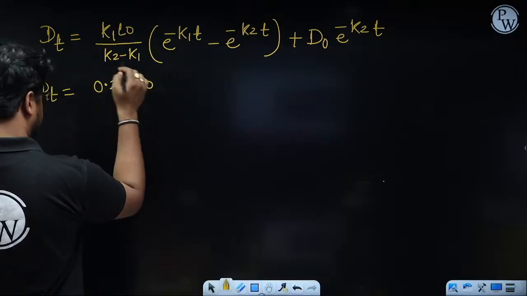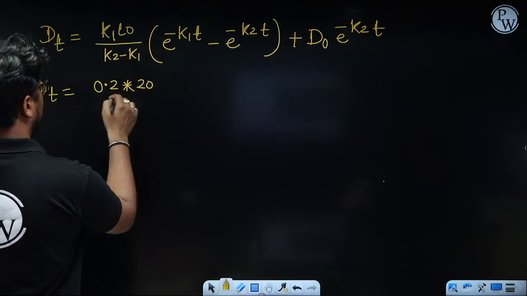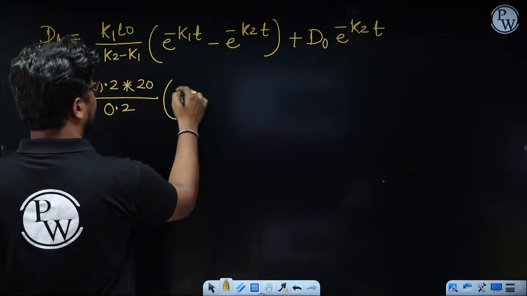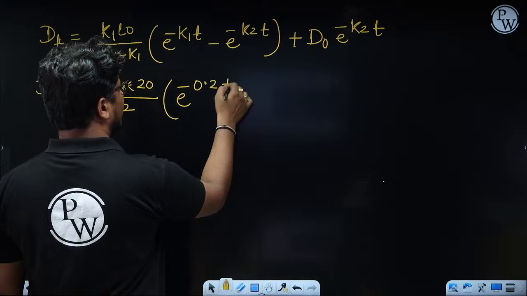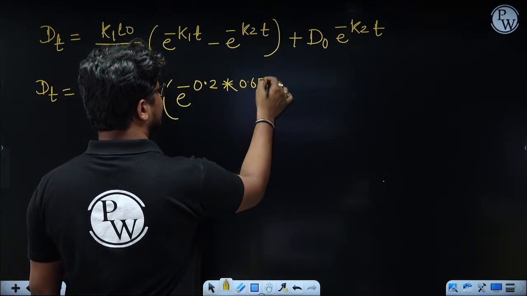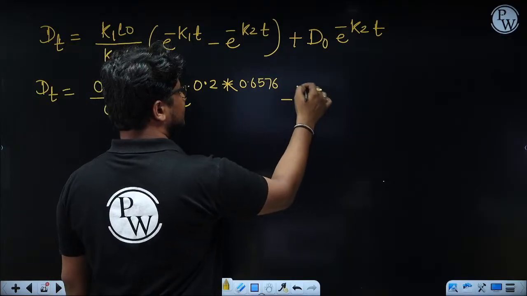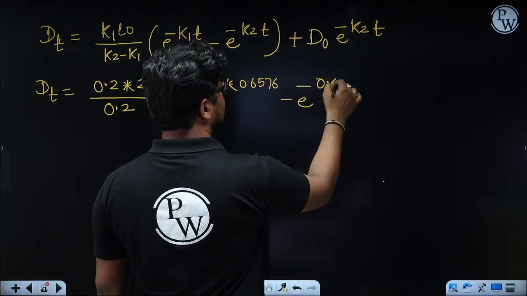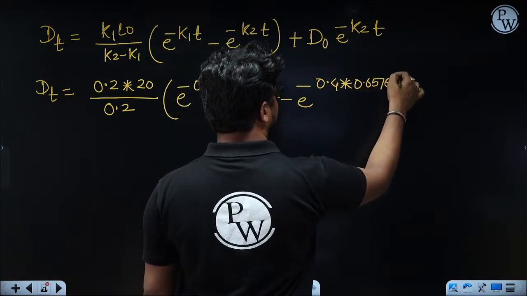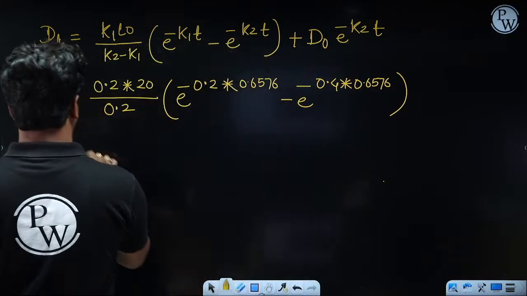K1 is 0.2, L0 is 20, divided by K2 minus K1, again it will be 0.2 only, bracket e to the power 0.2 into 0.6576 minus e to the power 0.4 into 0.6576, bracket closed.